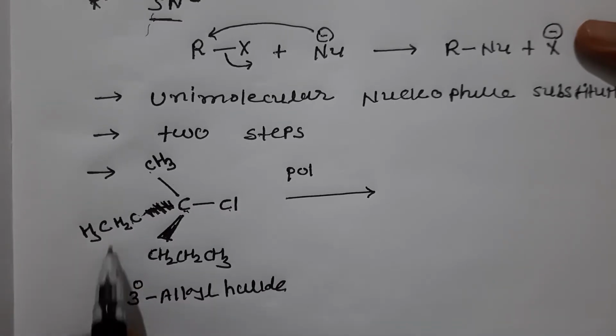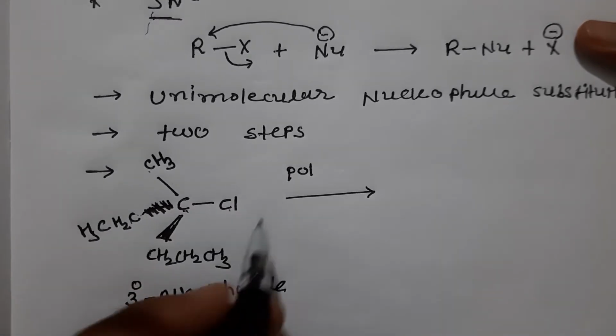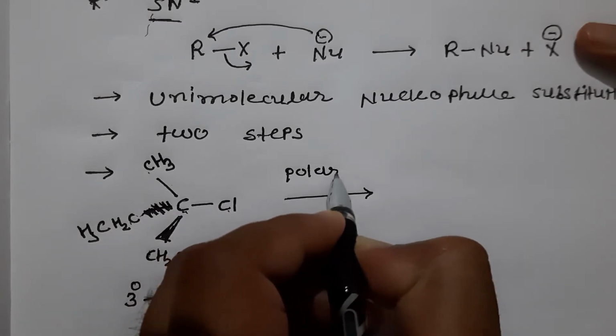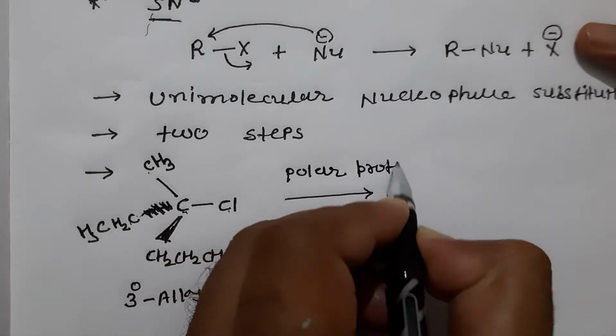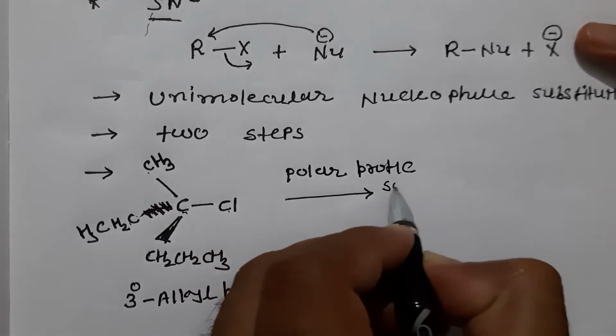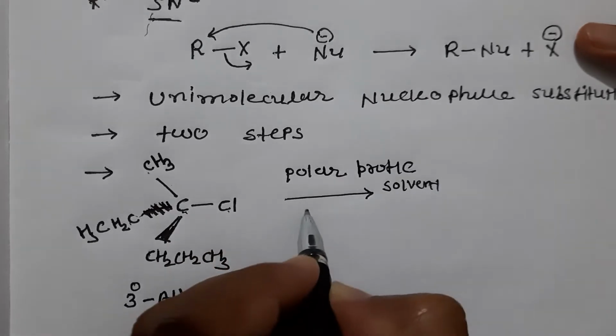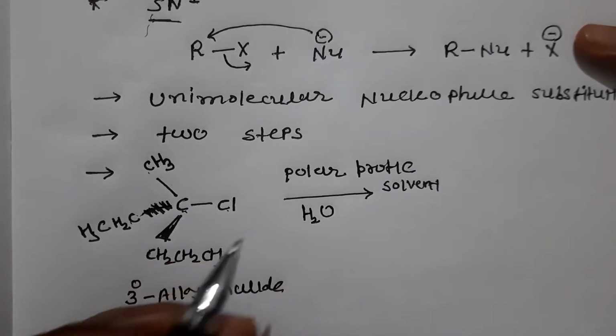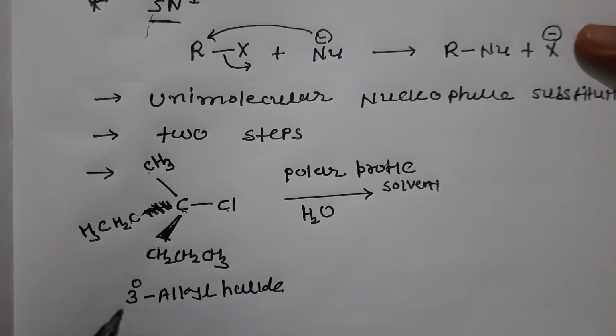That's why we call this a tertiary alkyl halide. We can take any polar protic solvent, such as water, ethanol, and acetic acid.